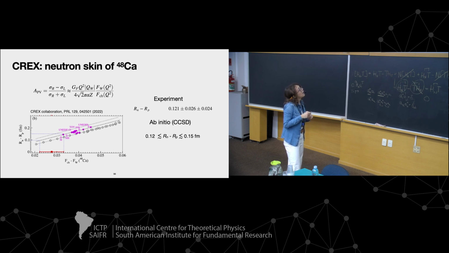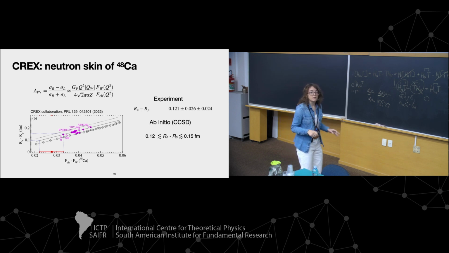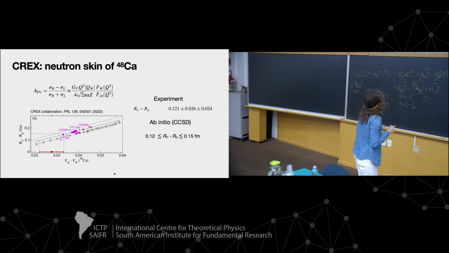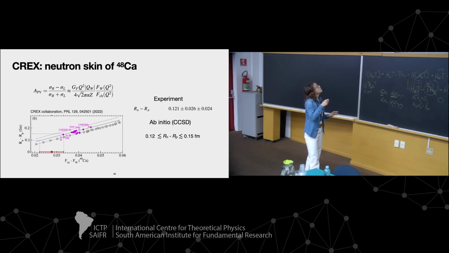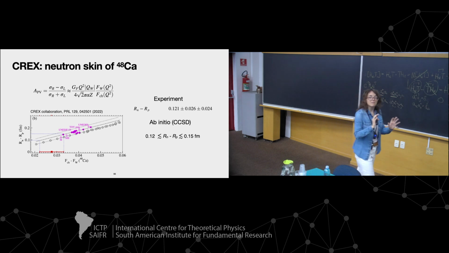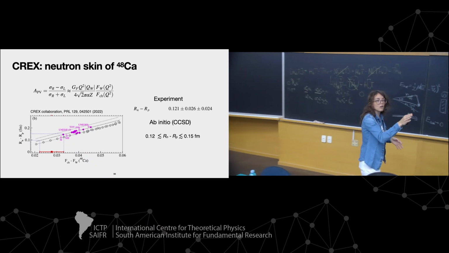And this is a quantity that is related then to the neutron skin via theoretical models. In this case, DFT, energy density functional theory models, are used. So from the experiment, we get the parity-violating asymmetry. From that, we can get this weak form factor, and from it, via theory, we get the neutron skin. So still, there are some approximations along the way.